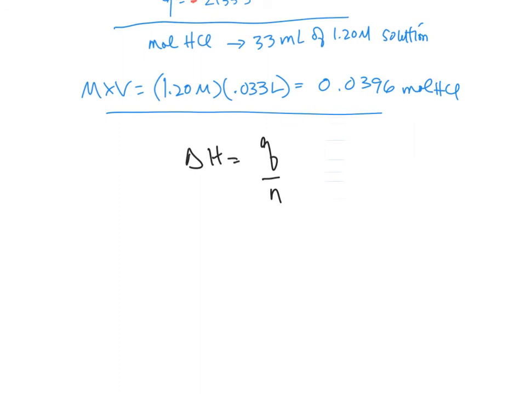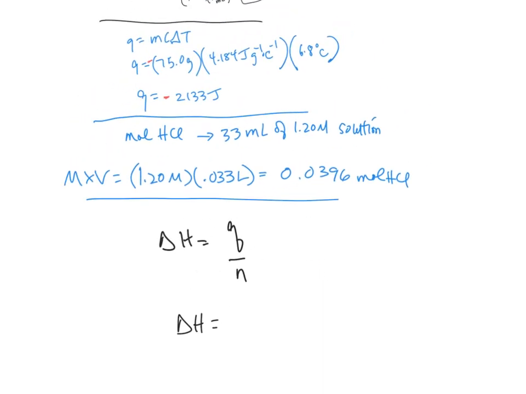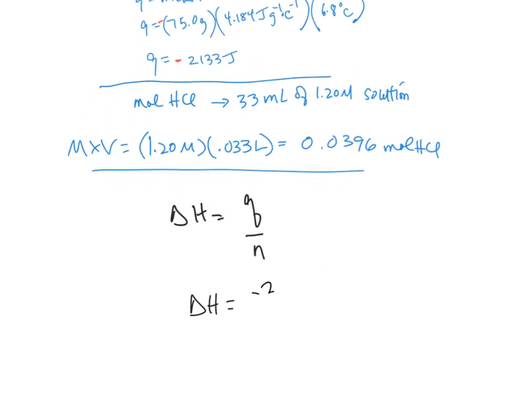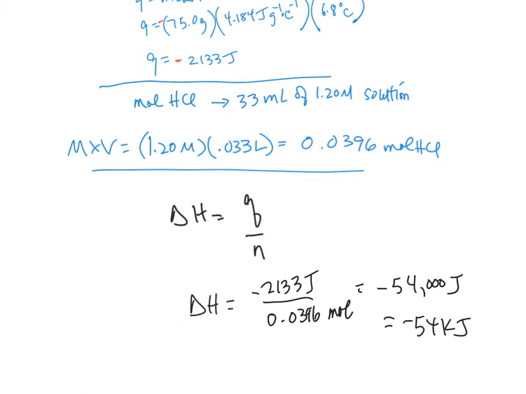In fact, I didn't say it at all. So this is some new information. Delta H we calculated to be negative 2133 joules divided by the number of moles, 0.0396 moles. And we're going to get negative 54,000 joules, which is equal to negative 54 kilojoules.